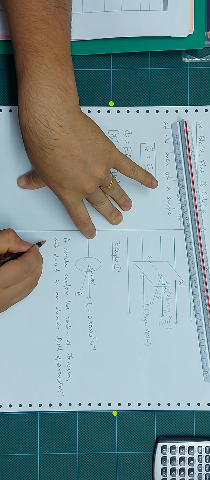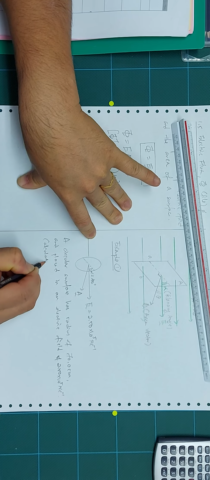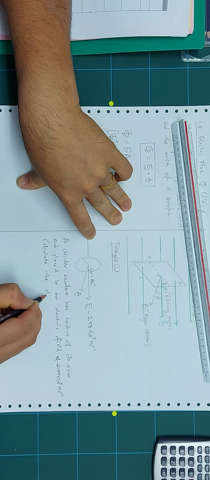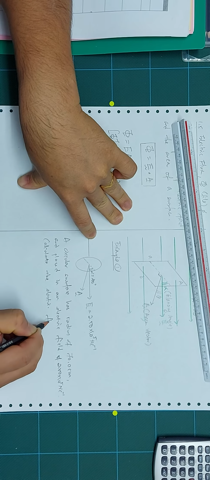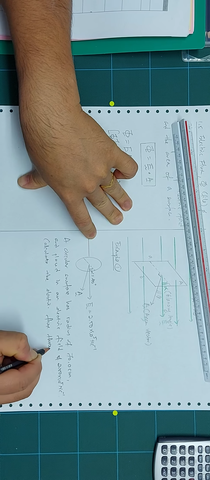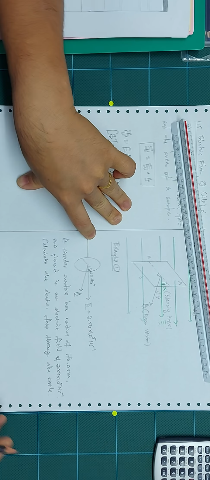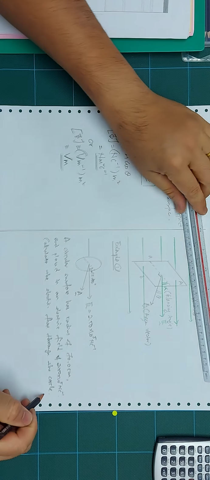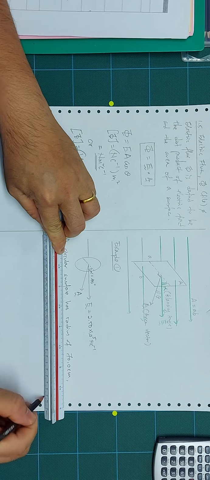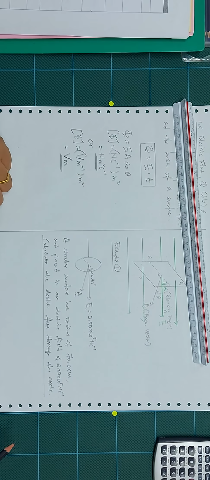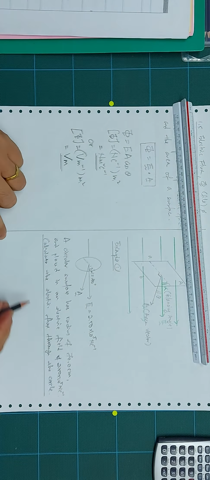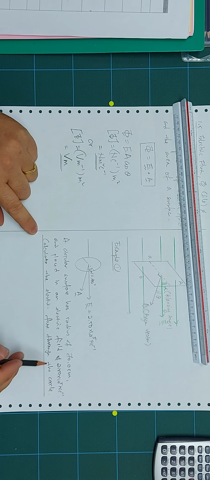Calculate the electric flux through the circle. Alright, so electric flux, use this formula. So our solution is here.